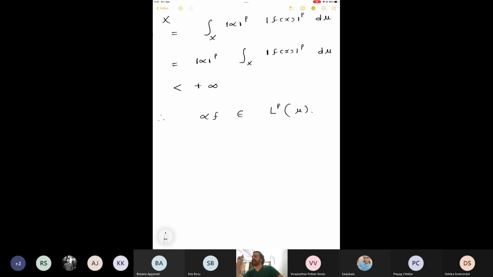So this will become a subspace. Now forget about the collection of functions. This itself is a vector space. Consequently, actually we have to verify all other properties. But if you take LP mu as a part of the already known vector space, these two are enough. Consequently, LP mu is a vector space.